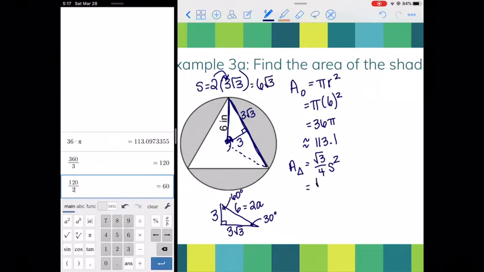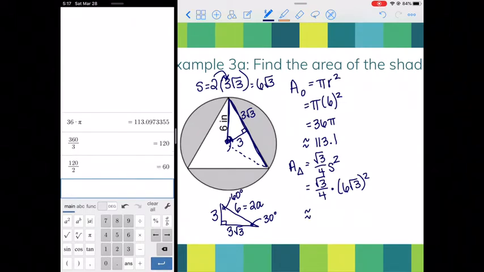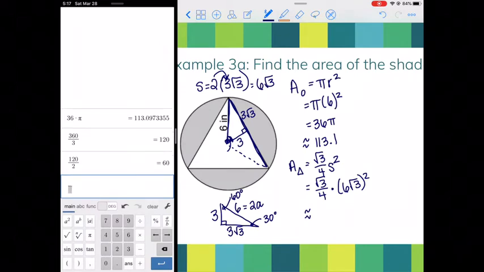So if we plug this into the formula, we have square root of 3 over 4 times 6 root 3 squared. So I'm going to plug that into my calculator just like it looks. It will be irrational. It will give me a long decimal. So let's go on and get typing.